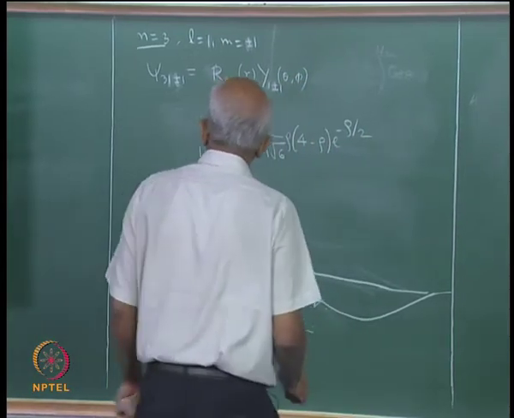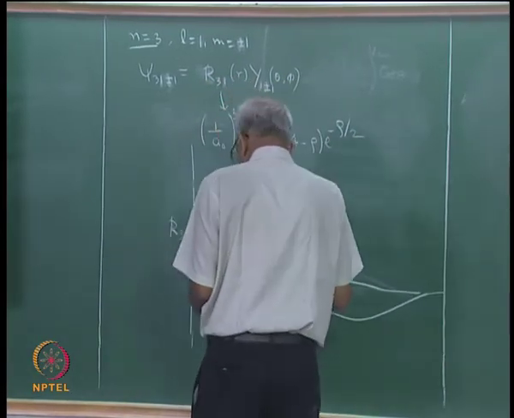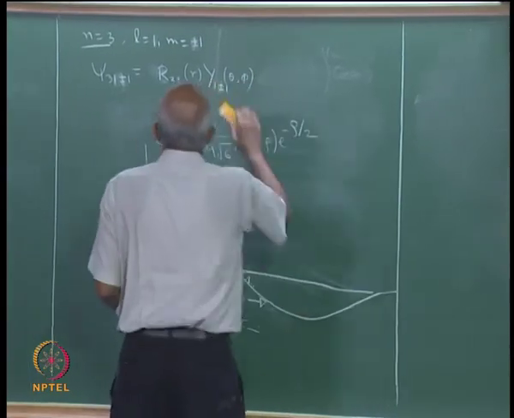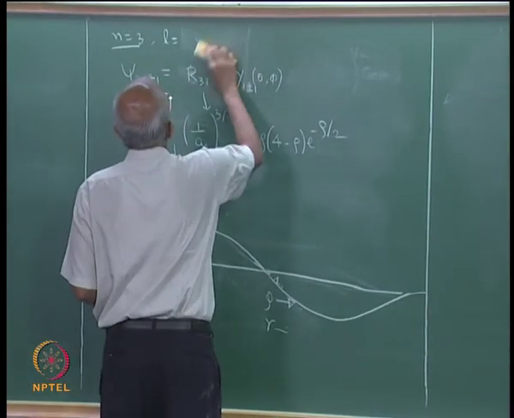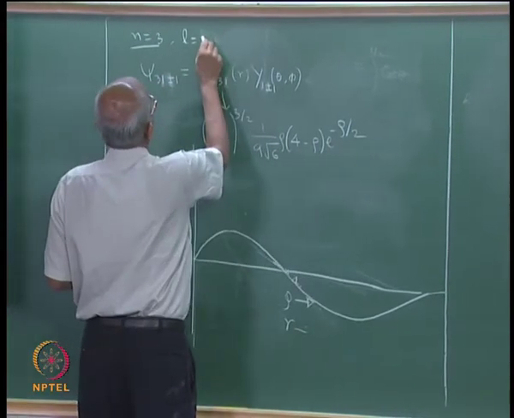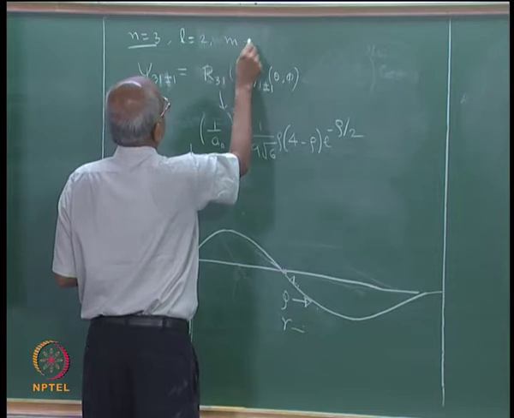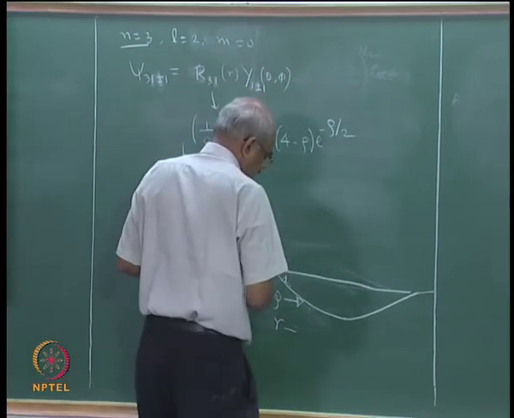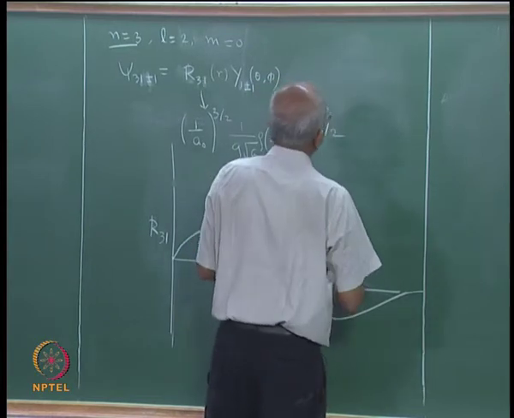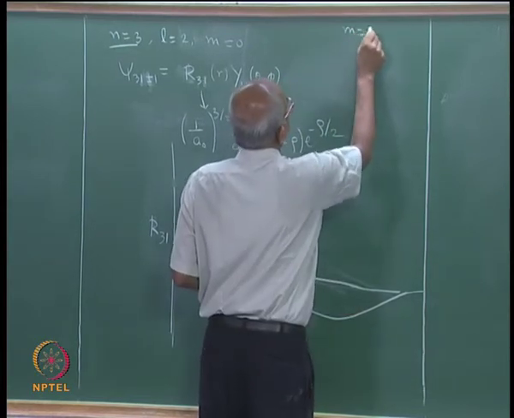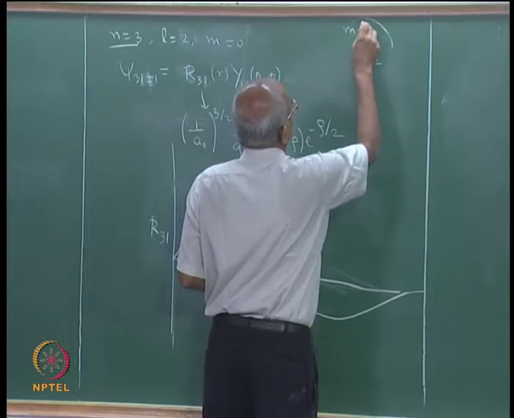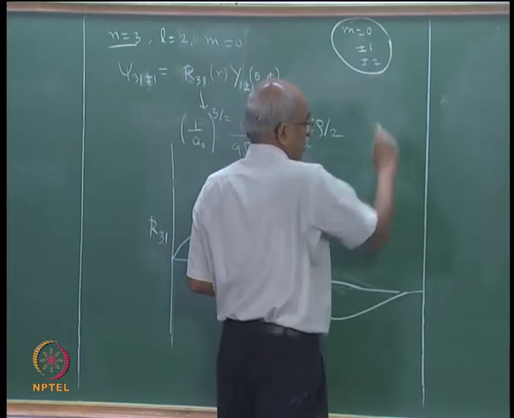Then we think of the next situation where n is equal to 3 and L is equal to 2. Here m can have the values, let me list them: 0, plus or minus 1, or plus or minus 2, these are the 5 different values that are possible.